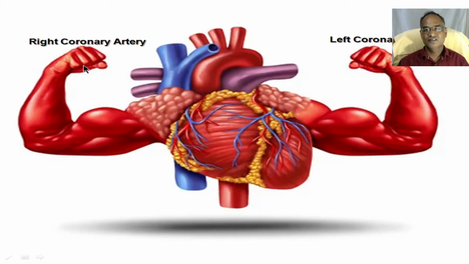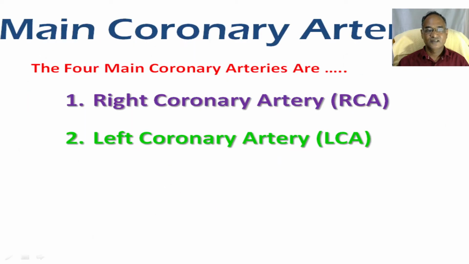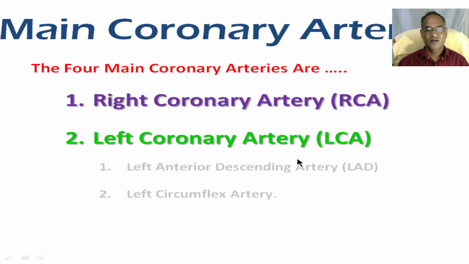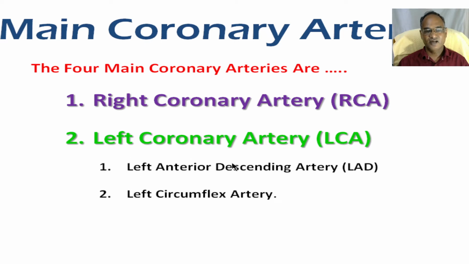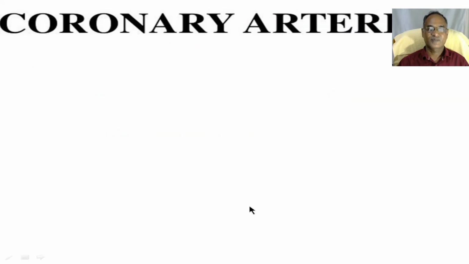So in the coronary arteries, there are two arteries, the left and right coronary arteries, which are very important in coronary circulation. The main coronary arteries are four. The right coronary artery and the left coronary artery we have already discussed. In the left coronary artery, there is a left anterior descending artery and a left circumflex artery.